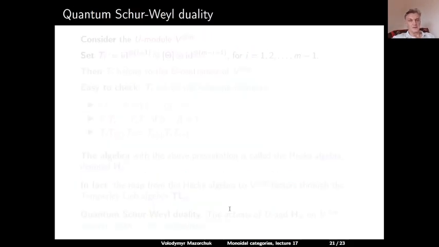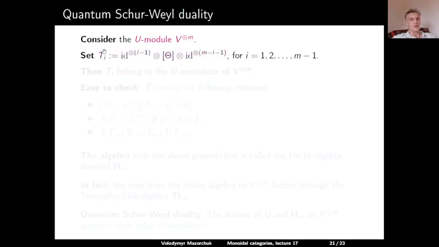And now we can slowly come to the quantum analog of the Schur-Weyl duality. So consider the m-th power of the natural U-module V. Define T_i as the linear map on this m-th power, where i is some number between 1 and m minus 1. The map T_i is given by first taking the (i minus 1)-st power of the identity.